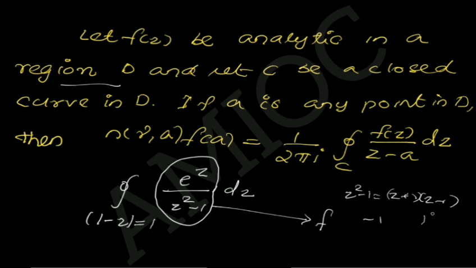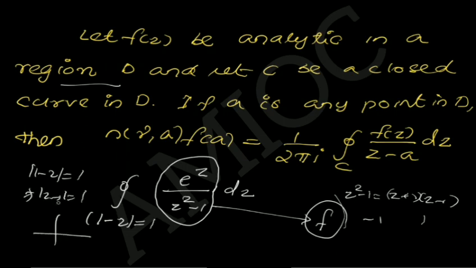If we treat this whole function as f, the function f is not analytic in the given domain D, since modulus of 1 minus z equal to 1 can be written as mod z minus 1 equal to 1. That is a circle centered at 1 of radius 1.